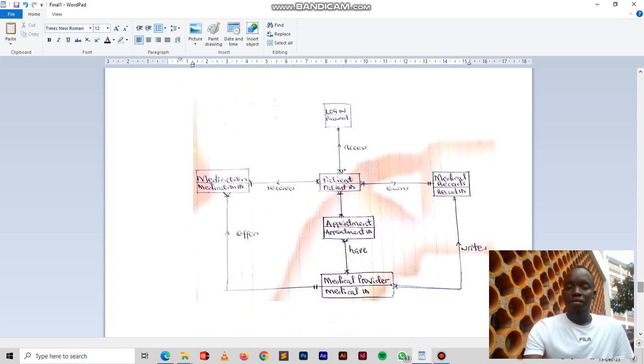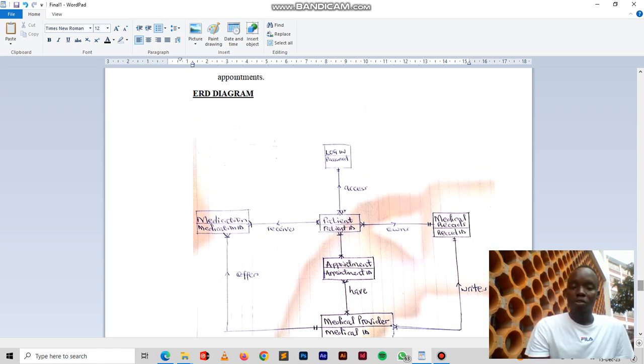And down here I have my ERD diagram, where I have the login password, where a patient can access information when he logs in to his account. The patient also owns the records, and the medical provider writes to the patient's records.